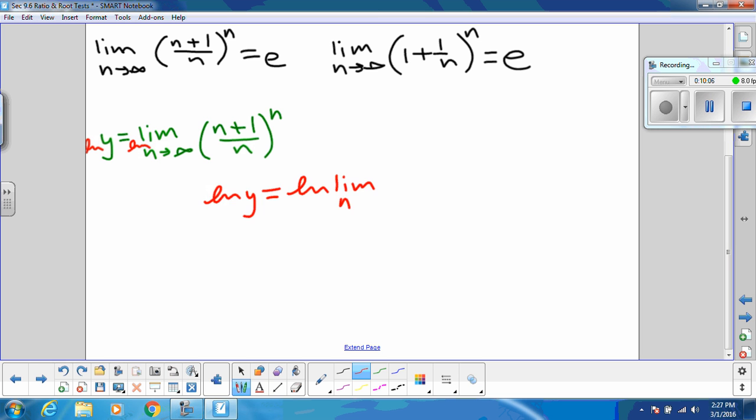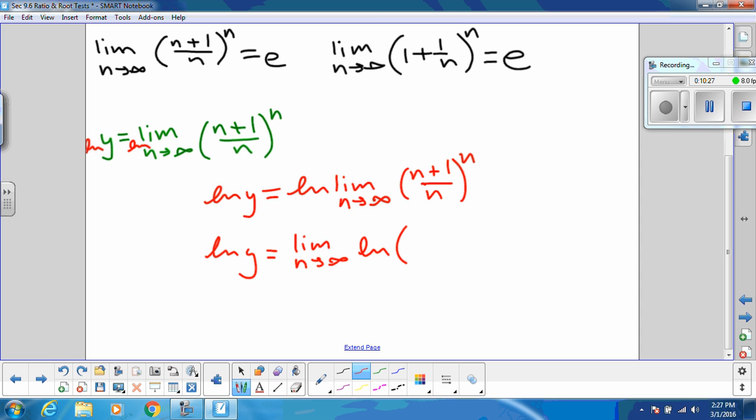And the reason we can do this is, remember, I can take a continuous function of a limit, and that's the same as taking the limit of that continuous function. All right, so I can say this is the limit as n approaches infinity of ln of all this stuff.